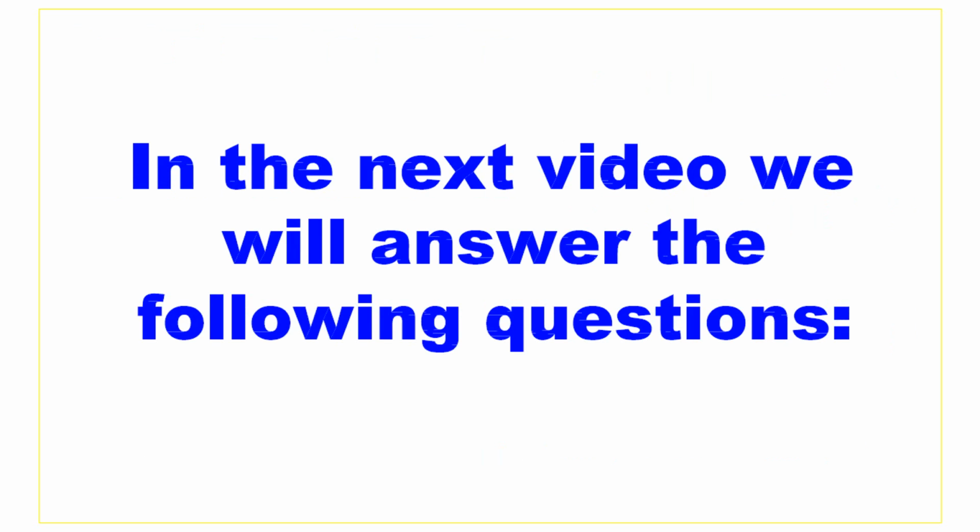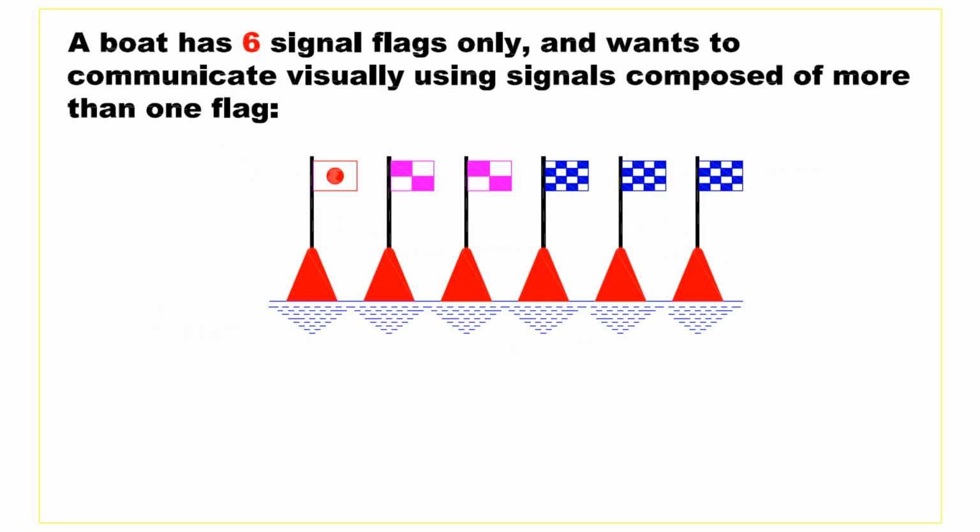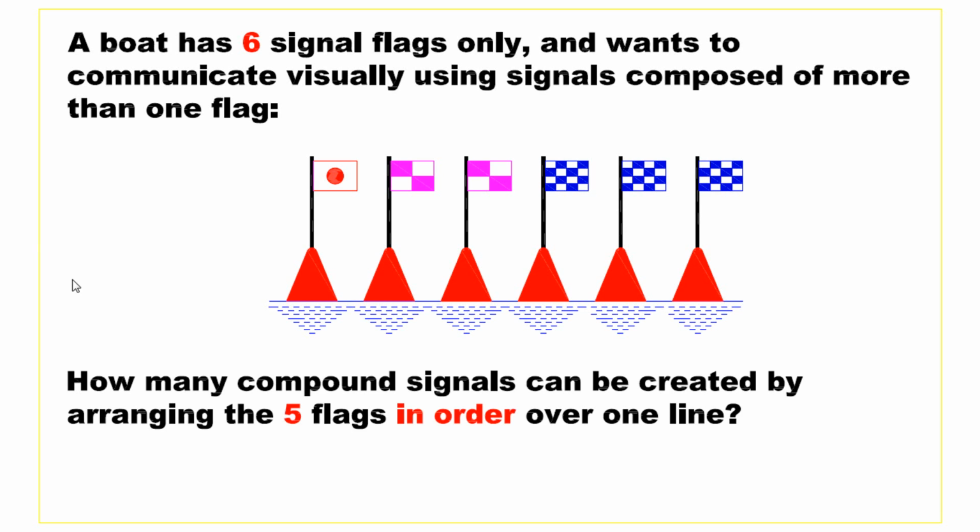Now in the next video we will answer the following questions. So again we have 6 flags and we want to generate a 5 flag signal out of the 6. So the question is, how many compound signals can be created by arranging the 5 flags, not 6, in order over one line?